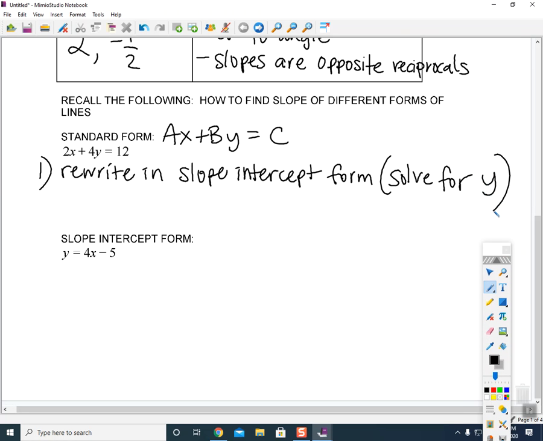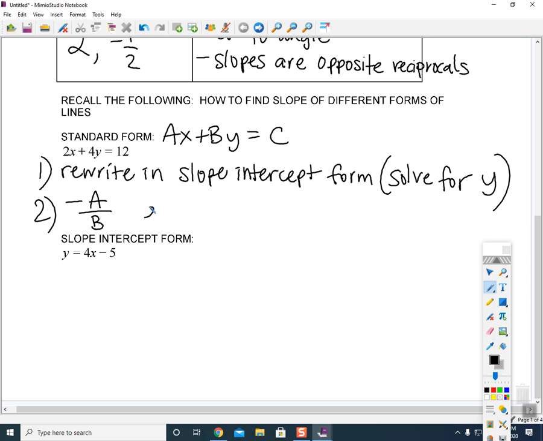Okay, that's one way. The second way: if you remember, we used standard form to find our x and y intercepts. Our x-intercept was c divided by a, and our y-intercept was c divided by b. I have another shortcut for finding the slope of something in standard form, and that shortcut is opposite a over b.